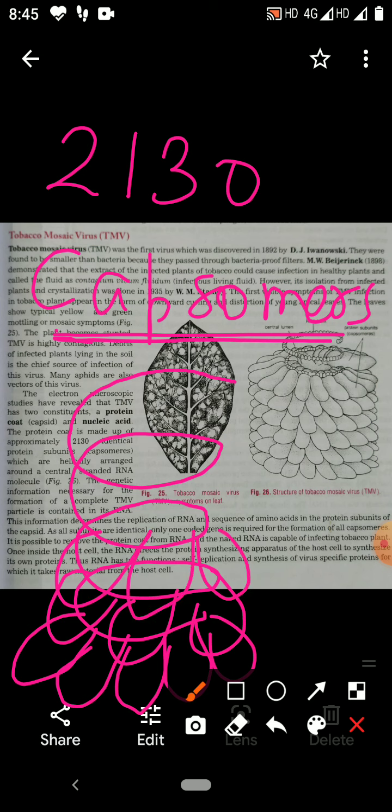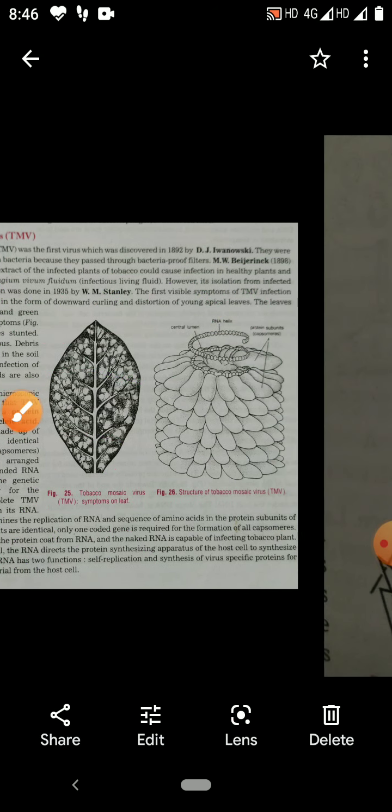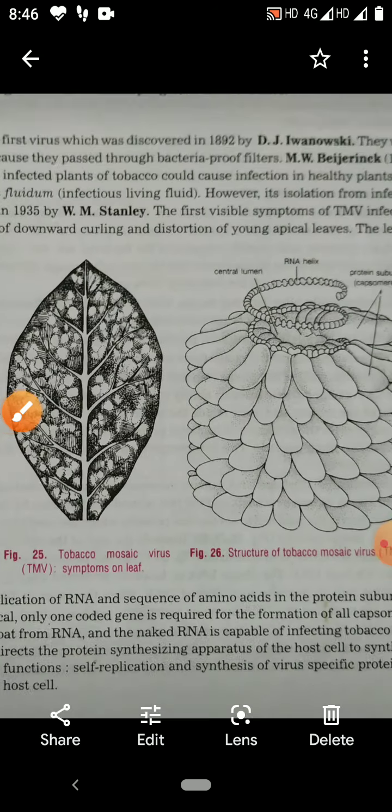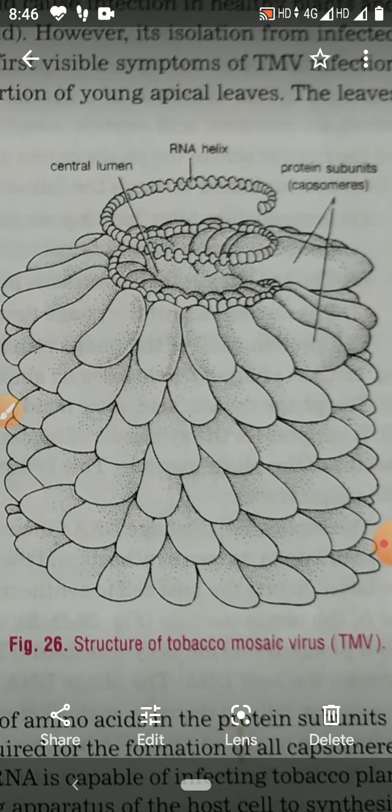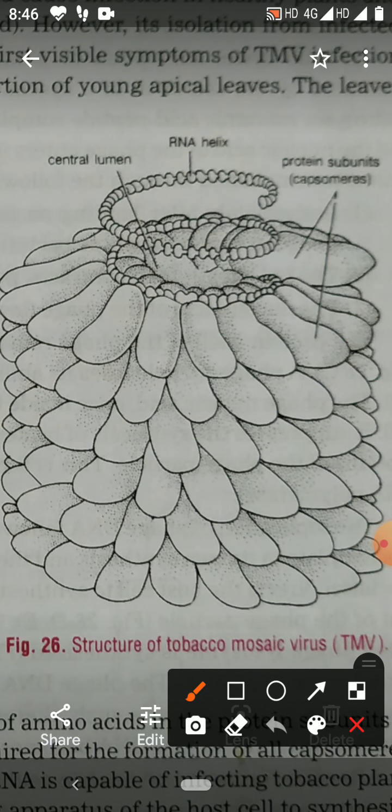So when these proteins are arranged around a central stranded RNA, then its structure is like this, as shown here. See, this is the RNA helix, and like this is the RNA helix.